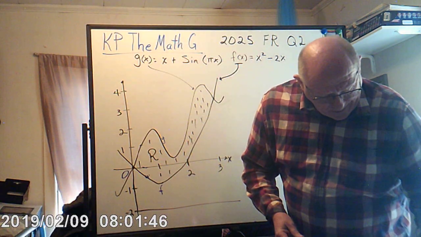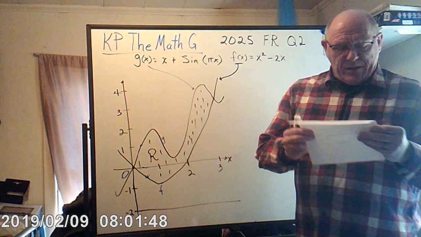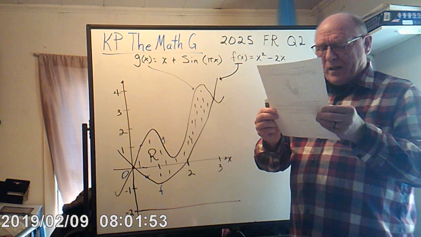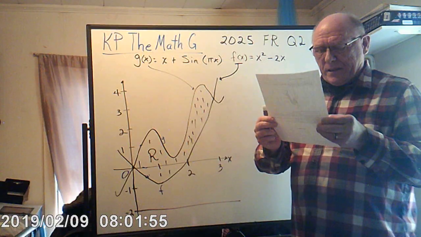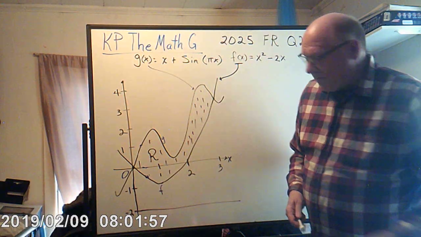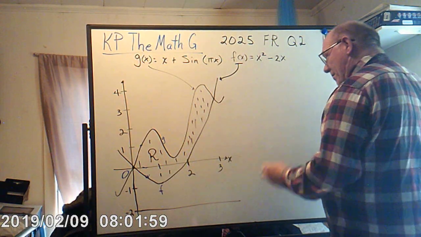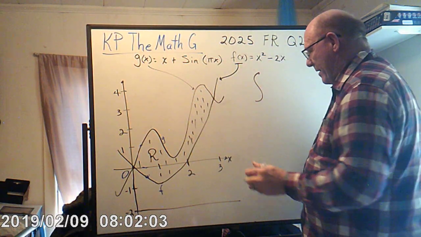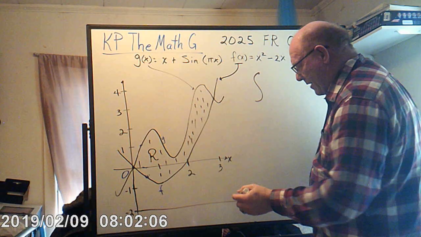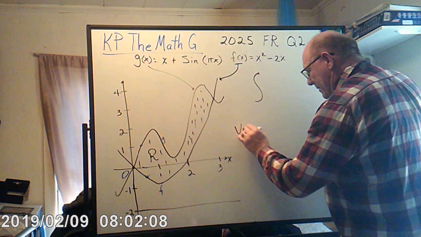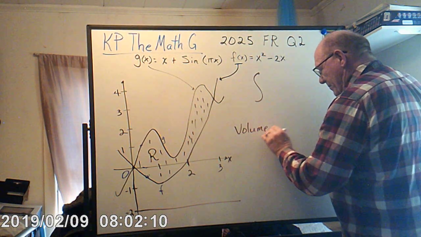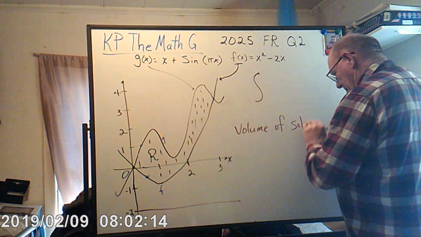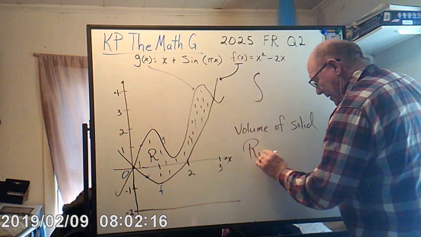Alright, so let's see, it says write but do not evaluate an integral expression for the volume of solid generated. So it's an integral expression, and now it is a volume of solid. It is rotated.